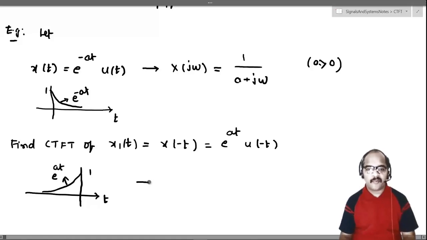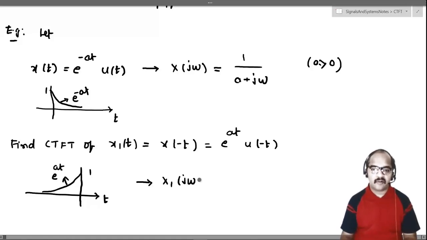What will happen to the corresponding Fourier transform, that would be X1 of j omega. According to the property, x of minus t will have what as Fourier transform? It will have X of minus j omega, where X of j omega is 1 by a plus j omega.